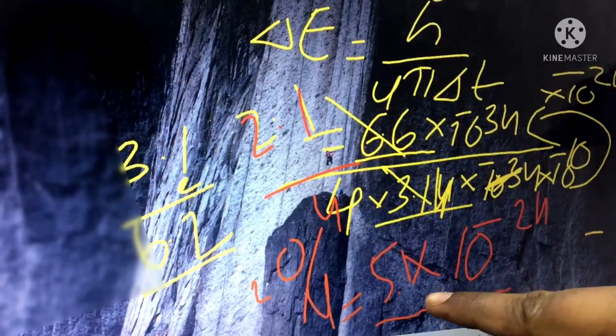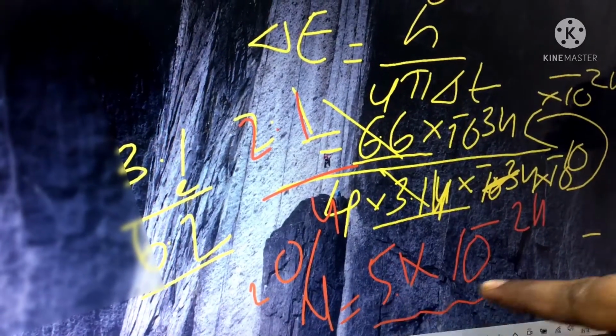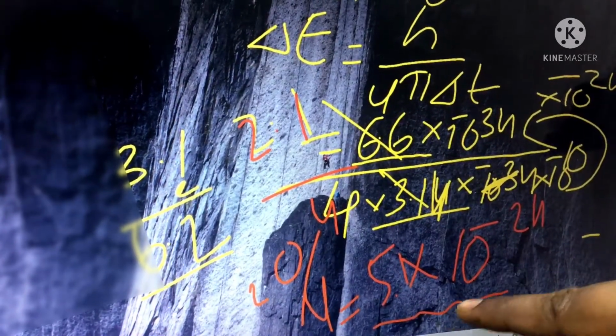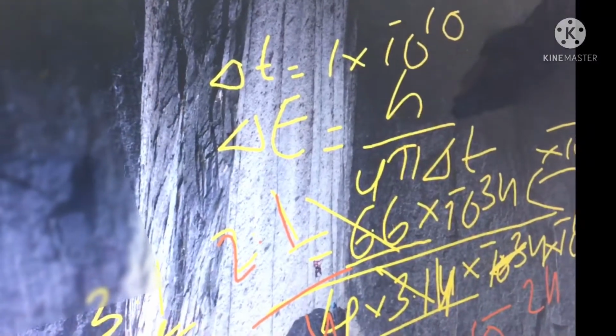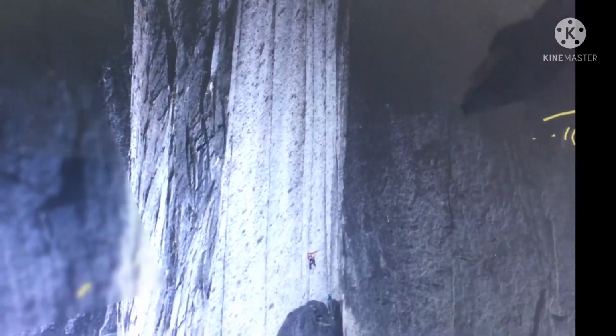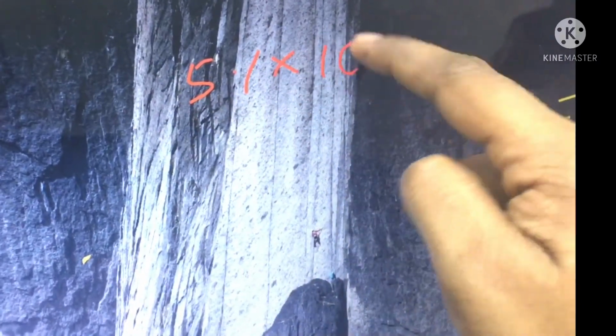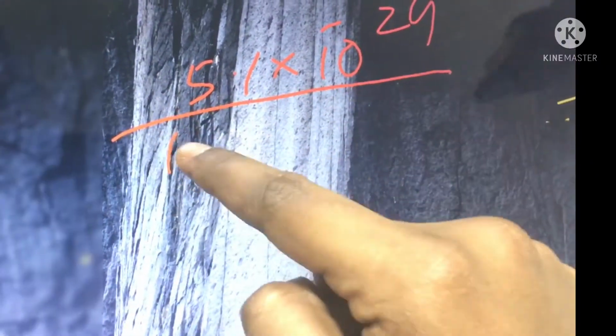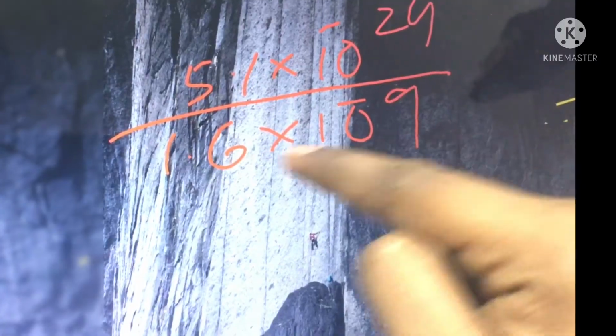Then next we have to convert this into electron volts. So we have to divide this by 1.6 into 10^-19. So I will erase this first. So 5.1 into 10^-24 divided by 1.6 into 10^-19.